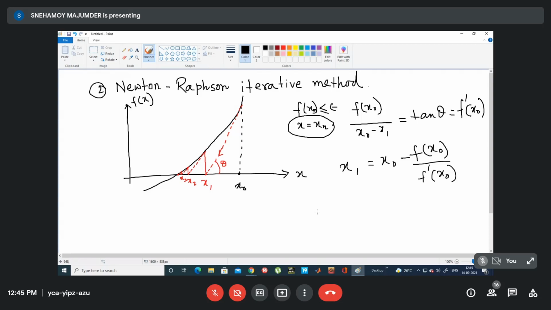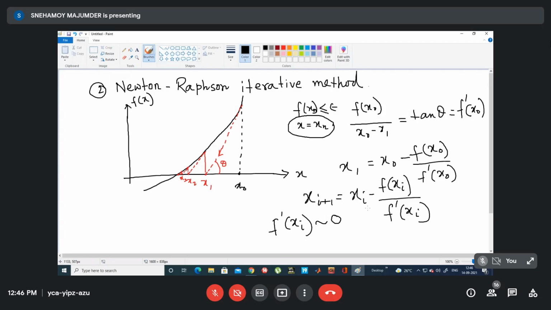So my algorithm or my general term is x(i+1) equal to xi minus f(xi) by f dash xi. The only thing I have to ensure is that f dash xi never becomes equal to 0.